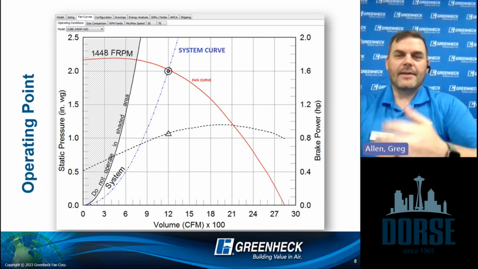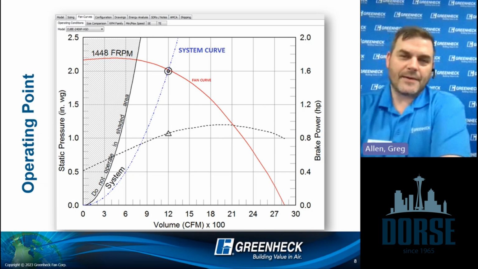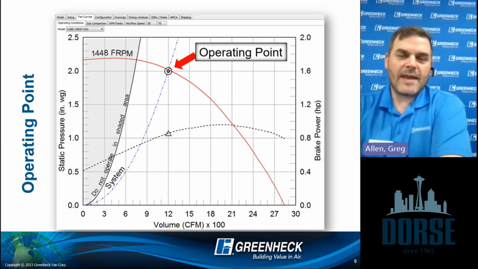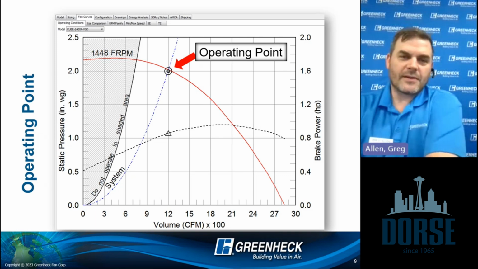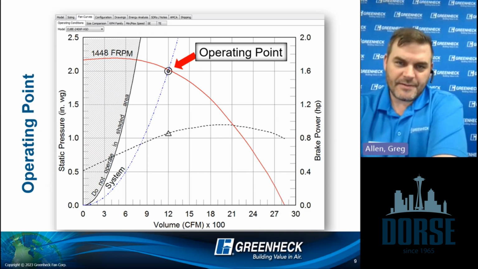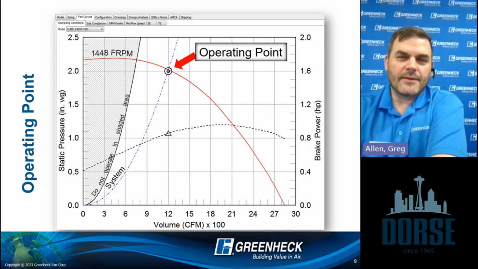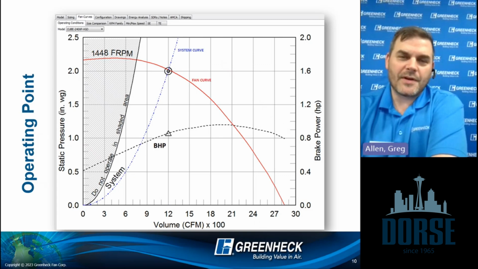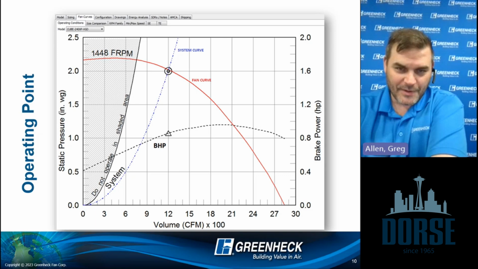And that is represented by that curve. Now, the neat part is where they intersect, the system resistance curve and the fan curve. That is called the operating point. So whatever fan we're looking at, at this RPM, at this static pressure, will move this amount of air, right? And how we read this, we've got one more curve, the brake horsepower curve.